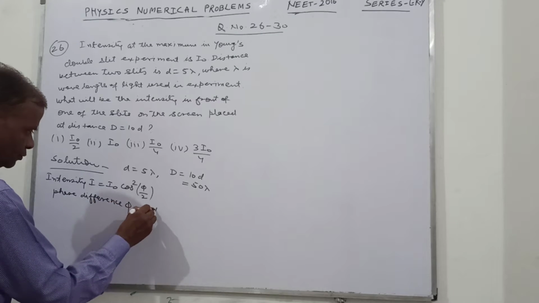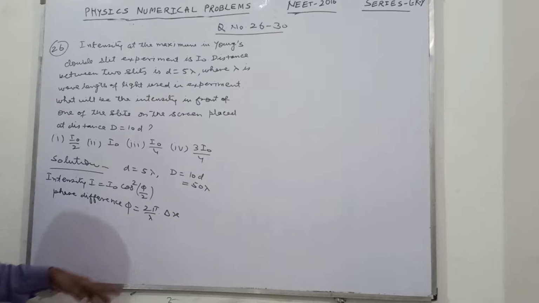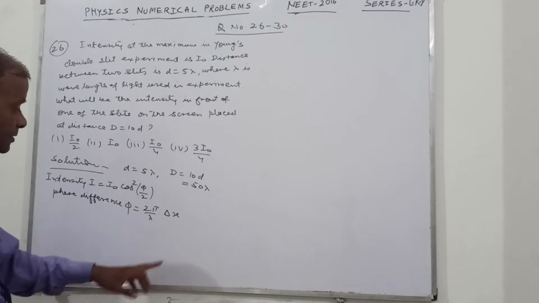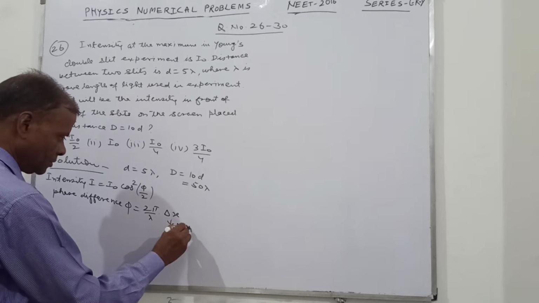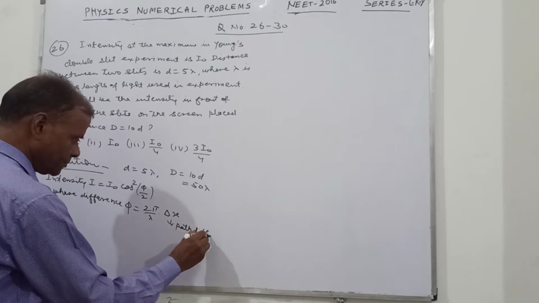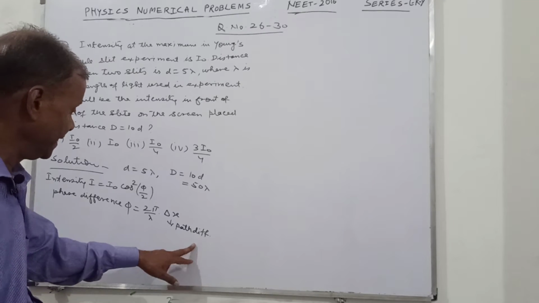Phi equal to 2 pi upon lambda into delta x, where delta x is the path difference. So we have to find the path difference delta x.